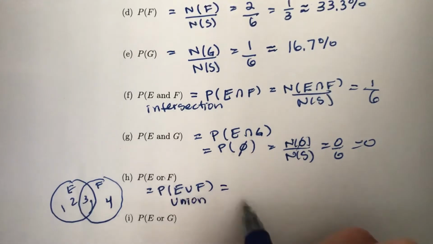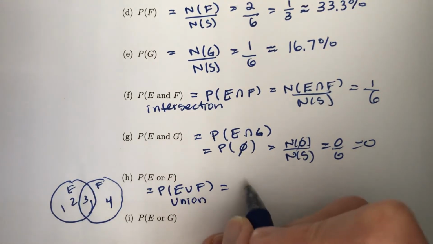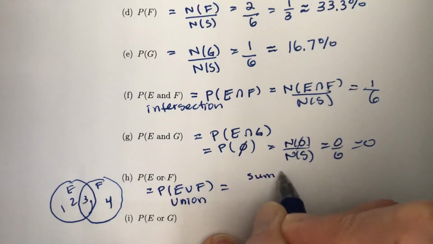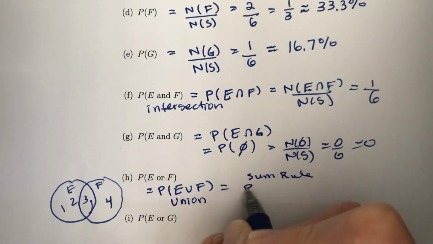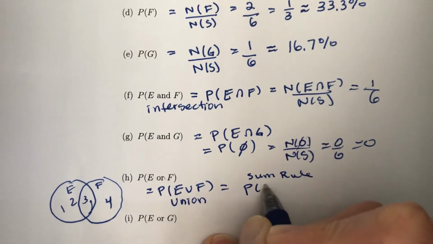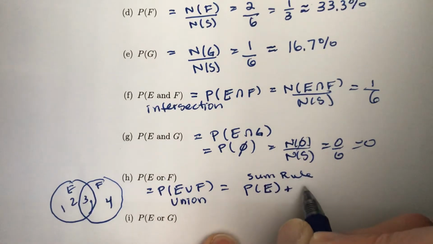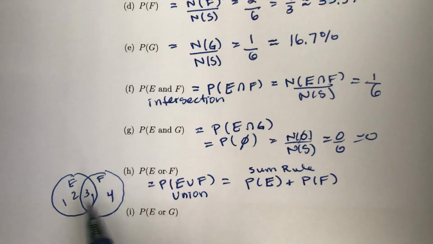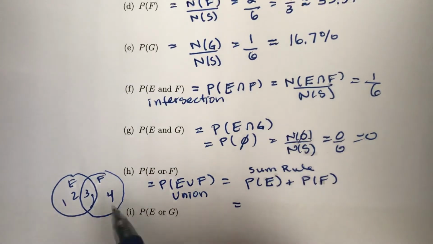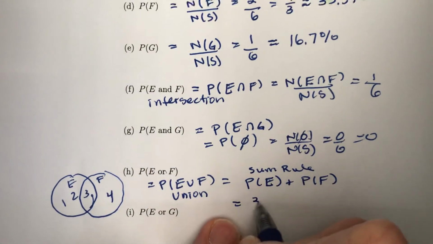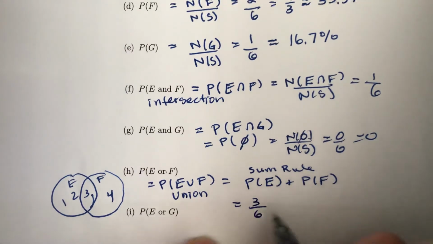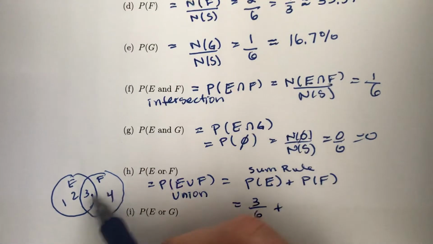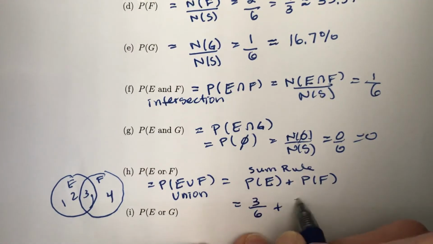And now what I'm going to use is the sum rule. I'm going to find the probability of E, and I'm going to add it to the probability of F. Now, when you find the probability of E you count how many are in E. There's 3 in E divided by 6 total. And then there's 2 in F when I find the probability of F, divided by 6.